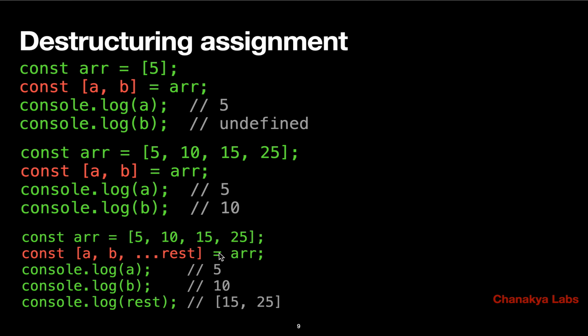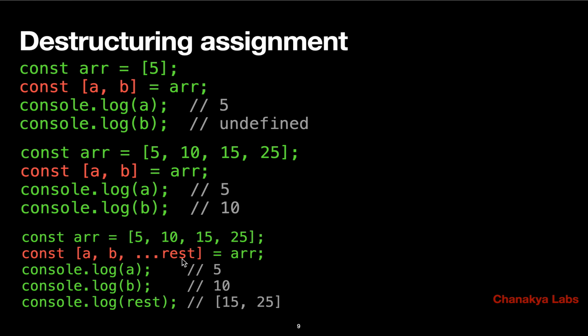Here the first one, a, is taking 5, b will take 10, and this is the spread operator. We saw a spread operator earlier, but here instead of spreading, it works as capturing. You are capturing all the rest of the values in this variable, rest.